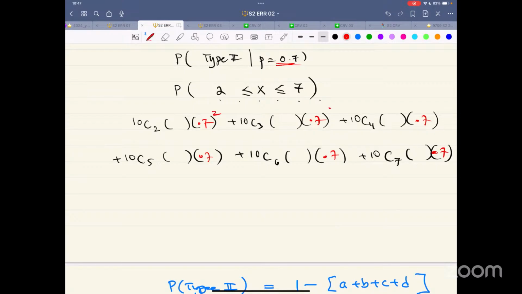That is 2, 3, 4, 5, 6, and 7. And over here, let me write 0.3, that is 0.3, that is 0.3, that is 0.3, that is 0.3. And the powers are 8, 7, 6, 5, 4, and 3. And when you add it all up, that is the probability of type 2 error.